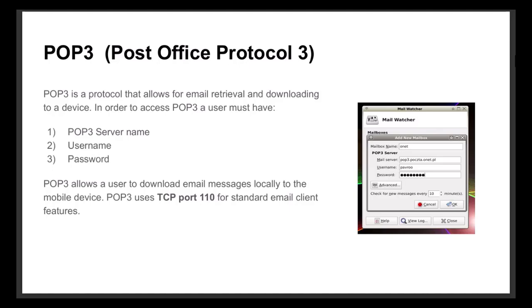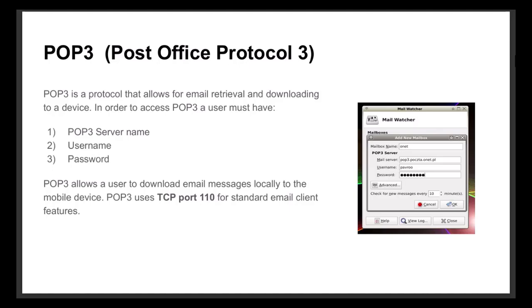This means that a user must enter in a username and password to be able to access our email servers. Once a user downloads an email message from the server to their local device, the message will be deleted from the email server. POP3 uses TCP port 110 for its email retrieval.